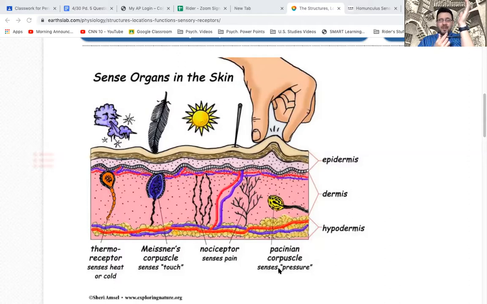But if I put the point of the pin out and jam my skin very hard, it's not only going to be the pressure cells sending messages. All of a sudden, I'm going to have pain cells sending the message as well. And imagine if this ink pen was heated up on the end, like I take a lighter and burn the tip and then jam it in my skin.